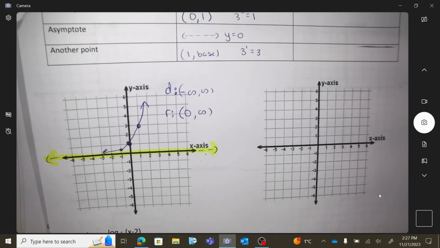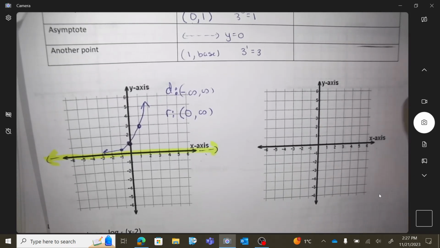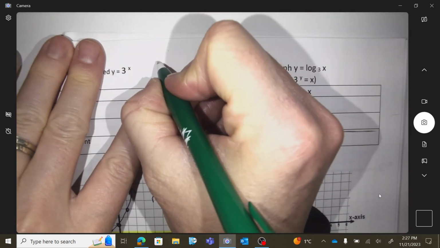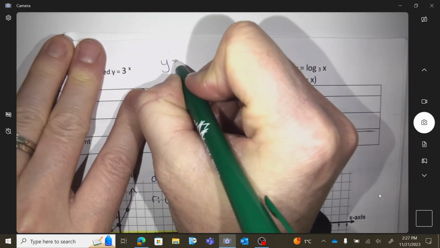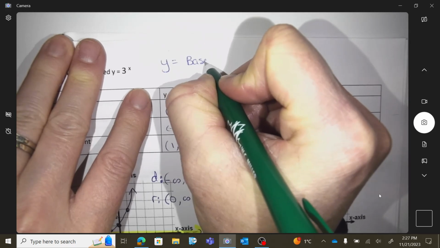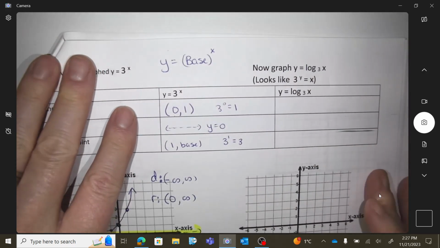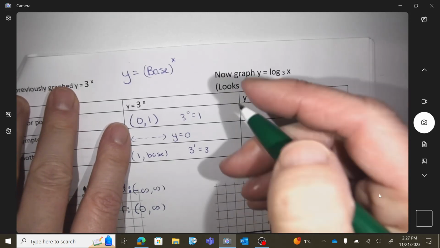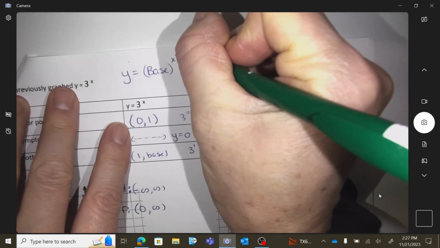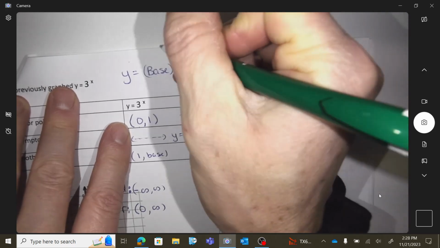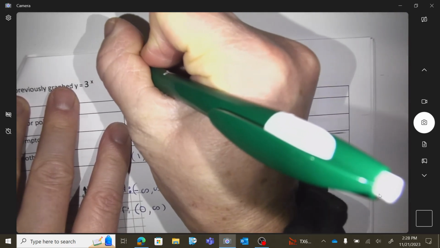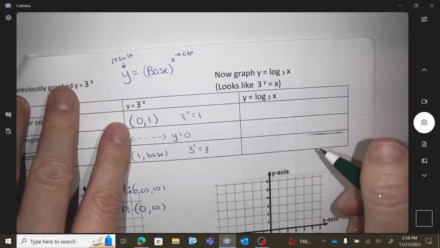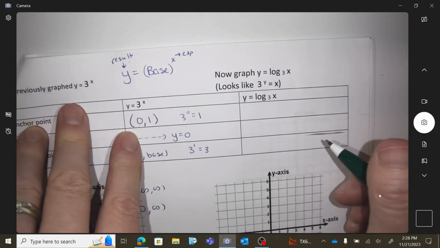So what do we know about the difference between exponents and logs? Okay, so this is an exponential where the x is the exponent and the y is the result. Okay, so that's an input.